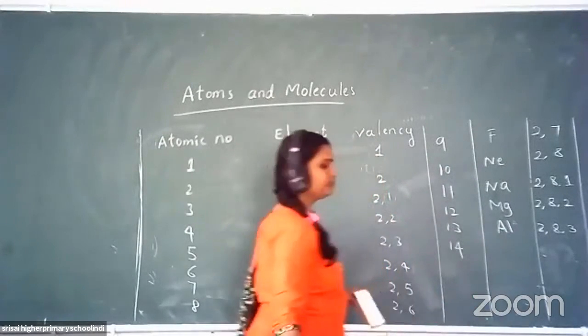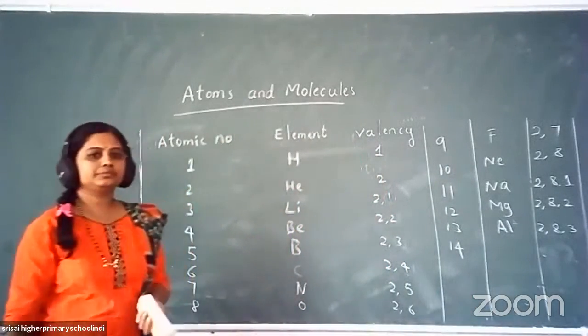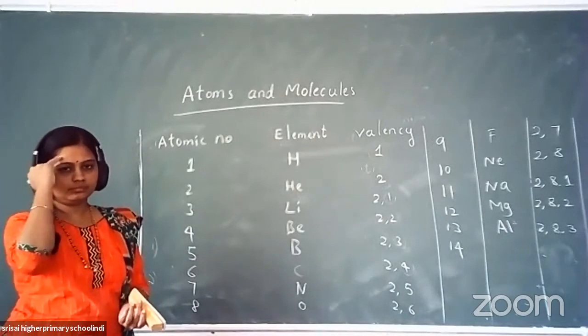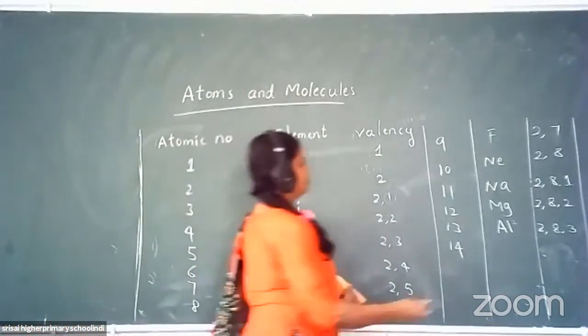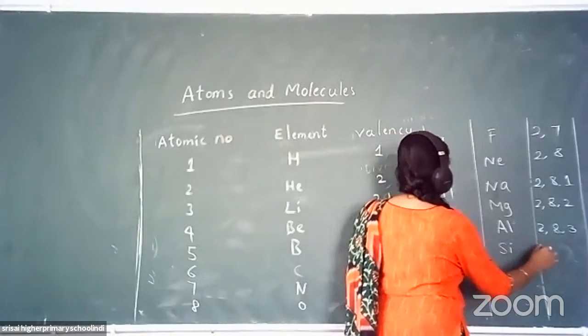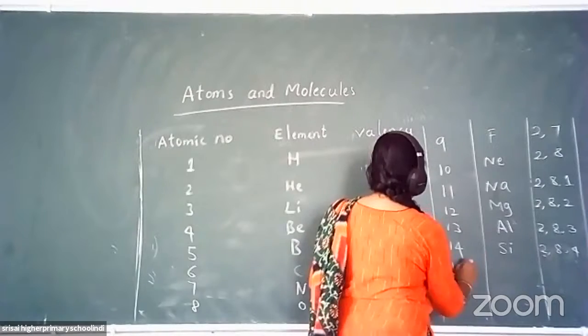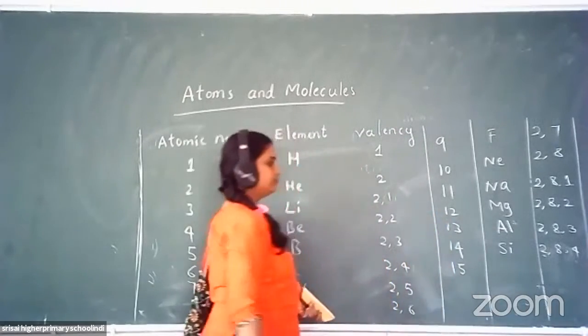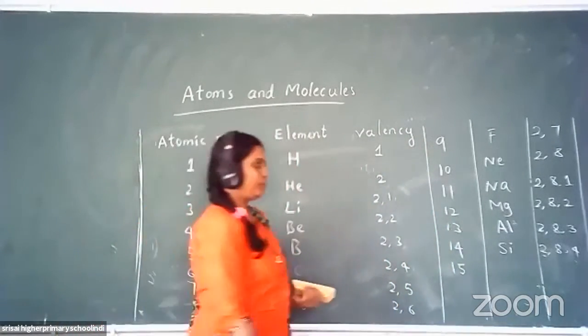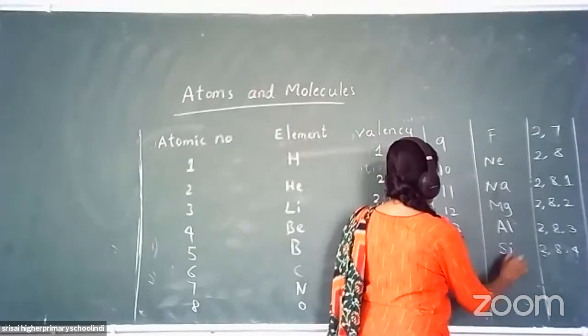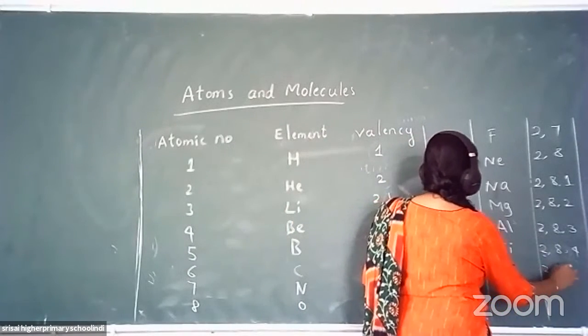Silicon. So 2, 8, 4. Then 15, phosphorus, P. Okay. 2, 8, 5.